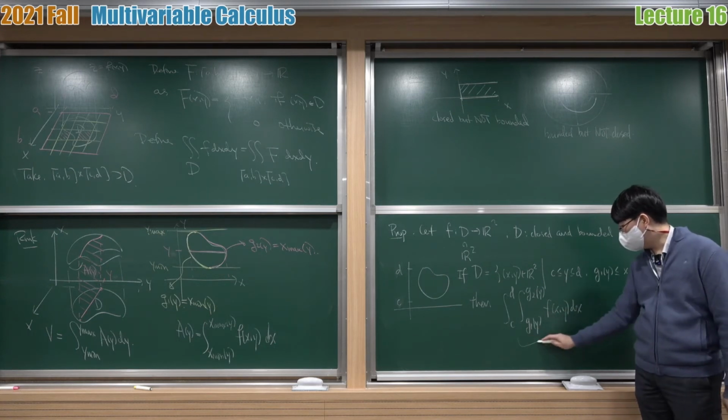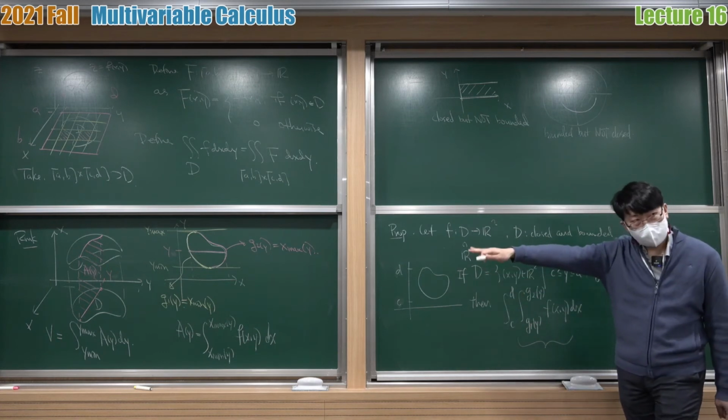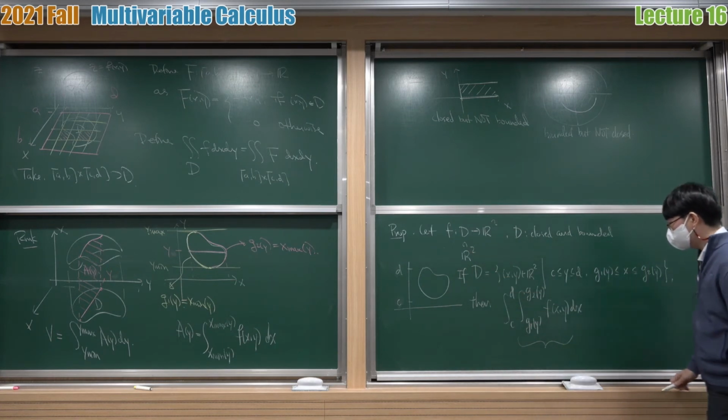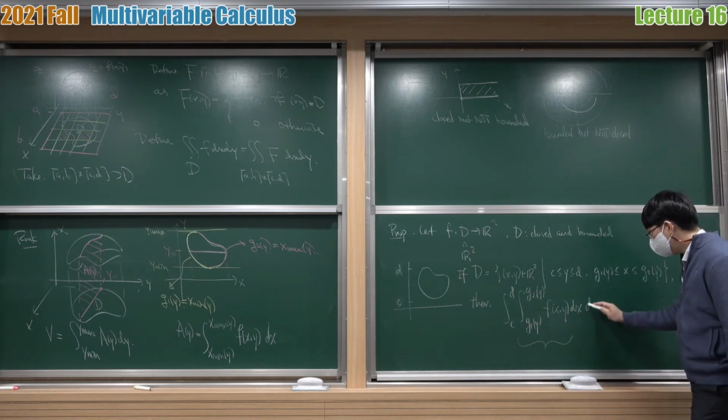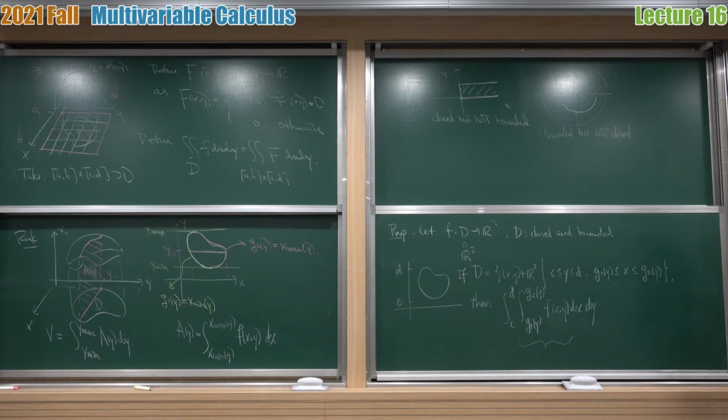This part is basically the area of the slice. And then you integrate again over y from c to d. This is the volume under the graph over the domain D.